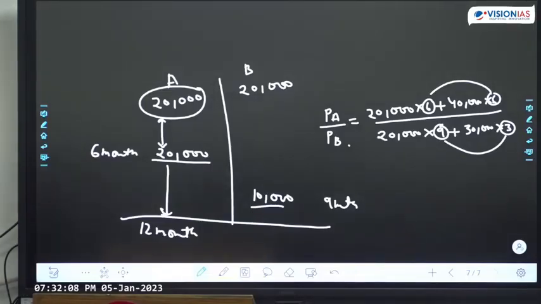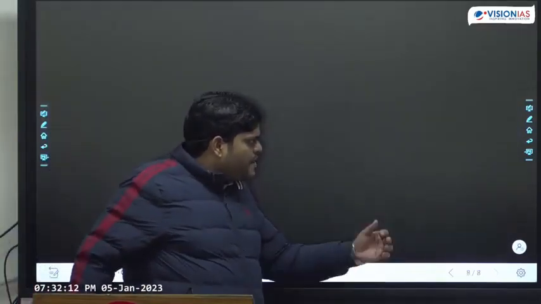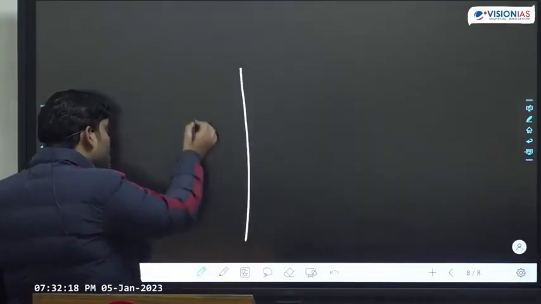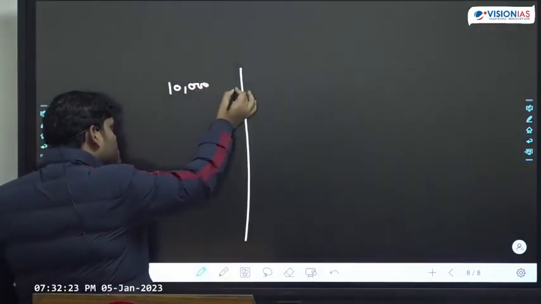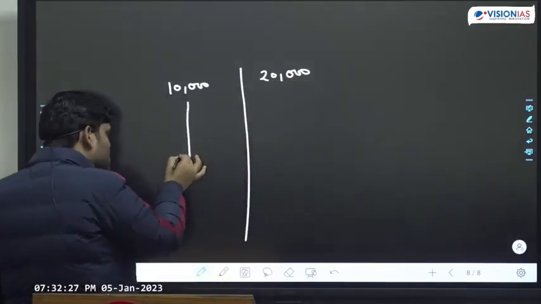Sometimes some people put in money, and some people come after some time. Suppose A has given 10,000 rupees, B has given 20,000 rupees.